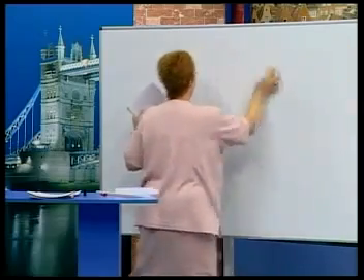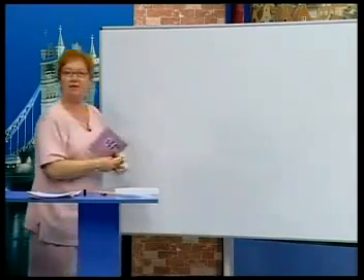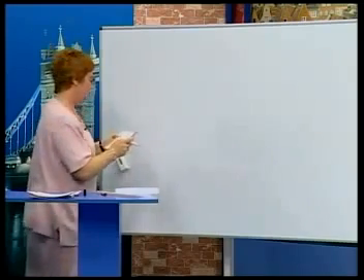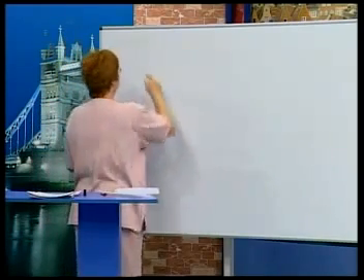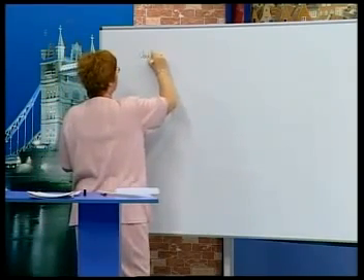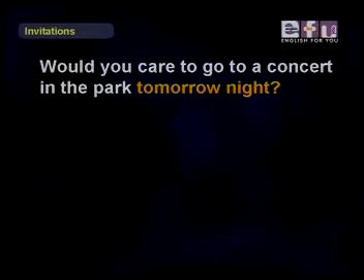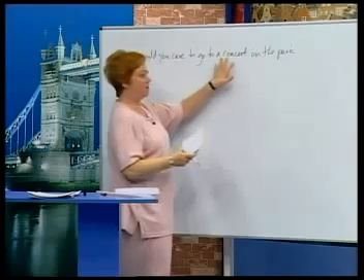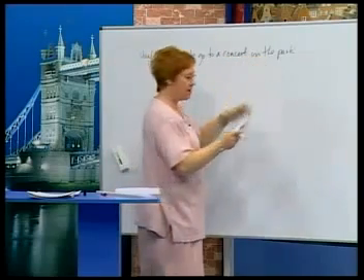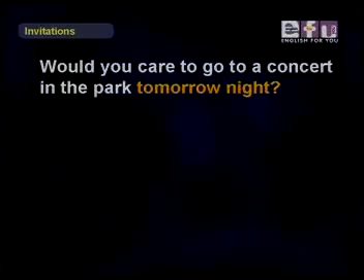Okay? So when you make an invitation, it can be complete. So here we go. Would you care to go to a concert in the park? Okay, we have what? We have where? Tomorrow night.